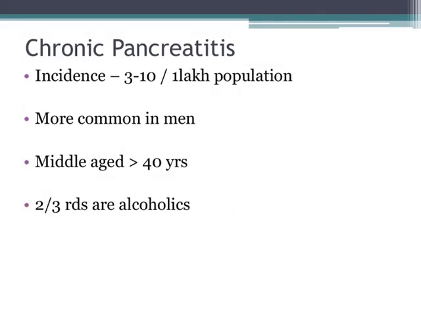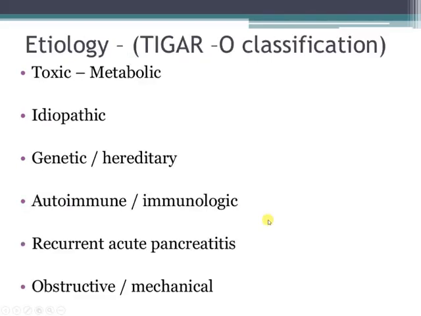Incidence of chronic pancreatitis is from 3 to 10 per lakh population. It is more common in men, middle age is more than 40 years old, and 2/3 are alcoholic reasons. Etiology.